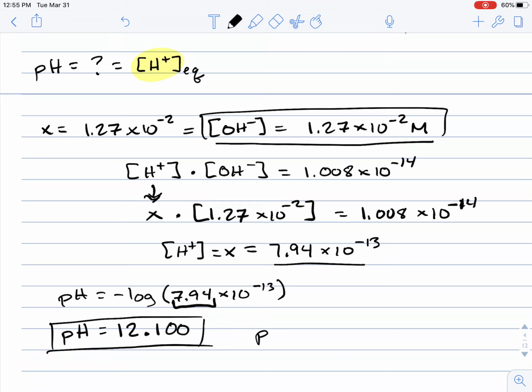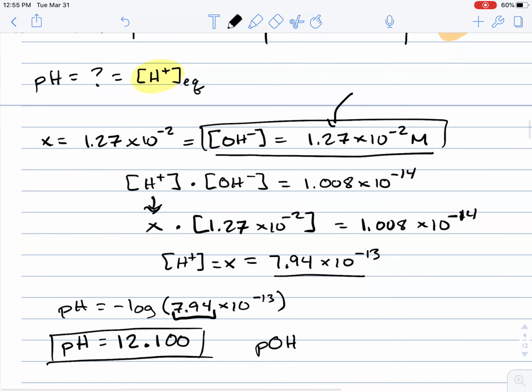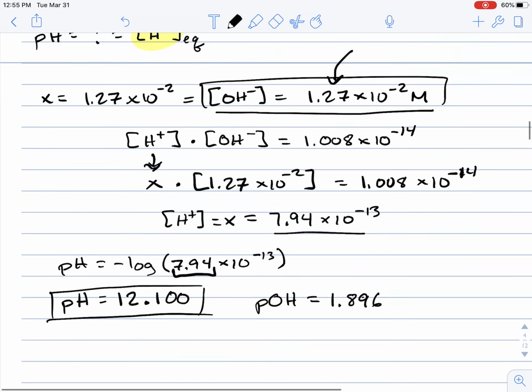Now to determine the pOH, we're just going to take the negative log of this value. If you plug that into your calculator, the negative log of 1.27 times 10 to the negative 2, the pOH that you're going to get is 1.8996.